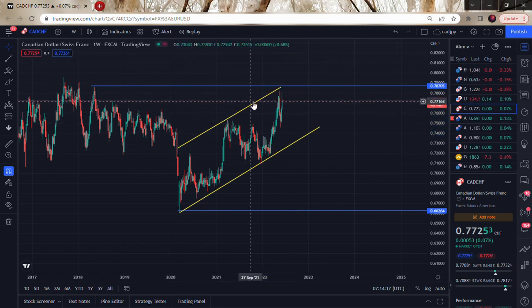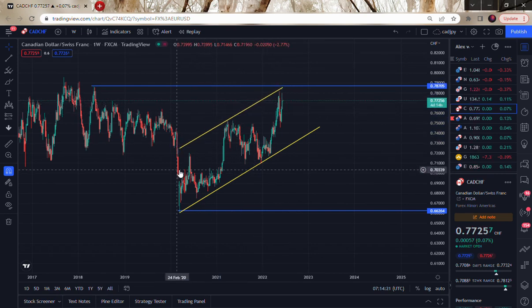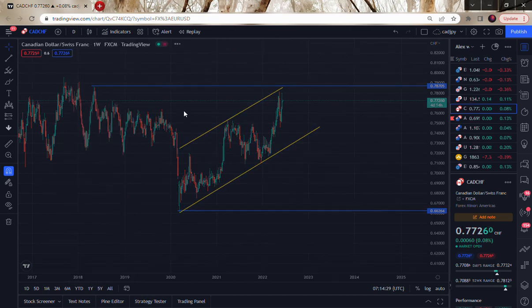This being the structure that I get, I know I have 1, I have 2, and then I have 3 here. Okay, so now I'm just going to drop to the lower time frame, which will be my daily.